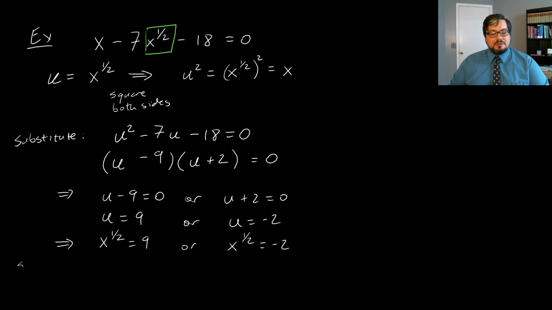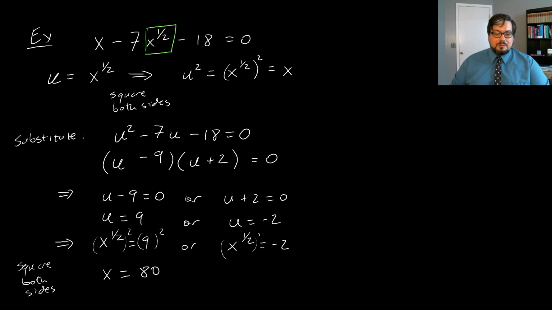And again, we can do that by squaring both sides. So we can square both sides of x to the 1/2 equals 9 to get x equals 81. And we can square both sides of x to the 1/2 equals negative 2 to get x equals 4, 81 over here.